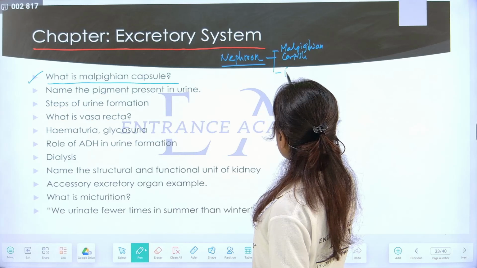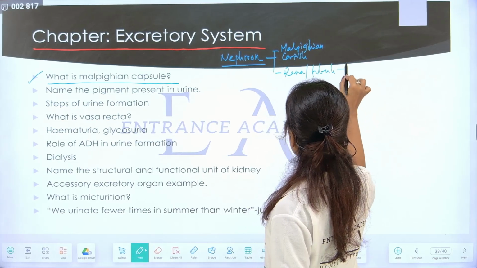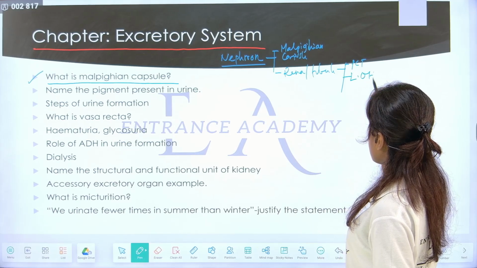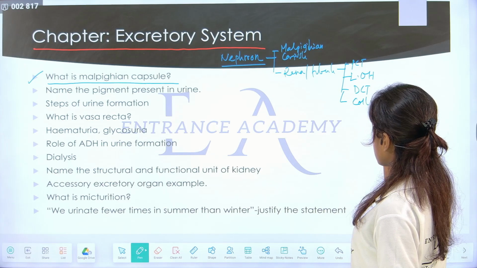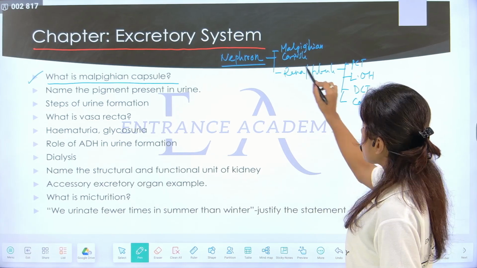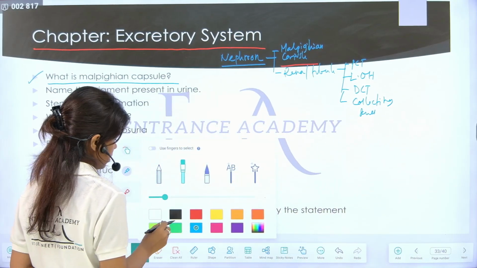The second one is the renal tubule, which is again divided into PCT, loop of Henle, DCT, and collecting duct. This Malpighian corpuscle is again divided into two parts.